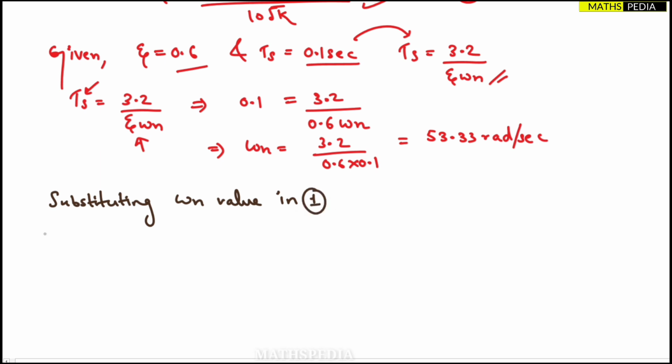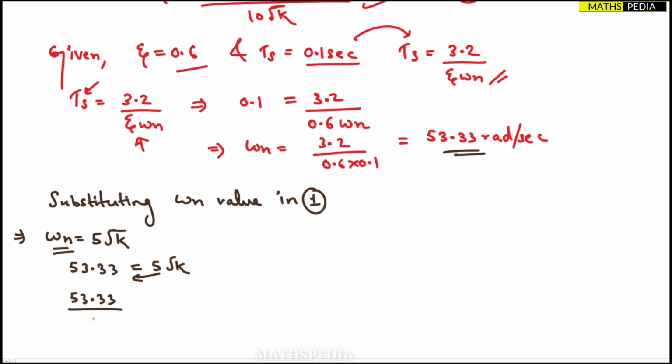Now what is the first equation we are having? We are having first equation as omega n is equal to 5 root k. Now we already know omega n value, so we can substitute 33.33 is equal to 5 root k. 5 will go down, it will be 33.33 divided by 5 is equal to root k.